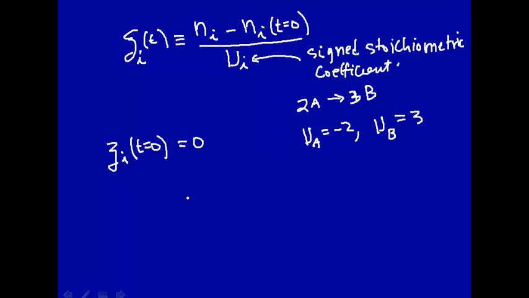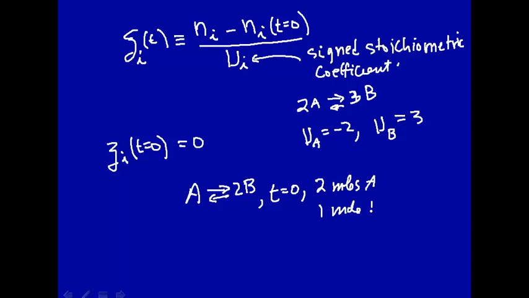Let's take an example. Let's take A goes to 2B, and this could be at equilibrium too. And also say at time equal to 0, we have 2 moles of A and 1 mole of B. So as we said, at time equals 0, the extent of reaction will be 0.